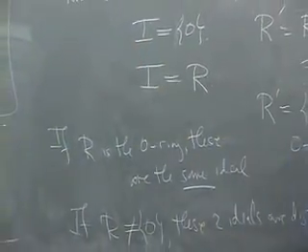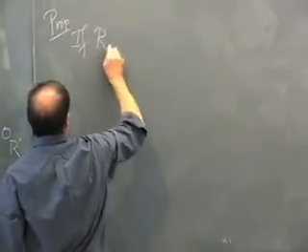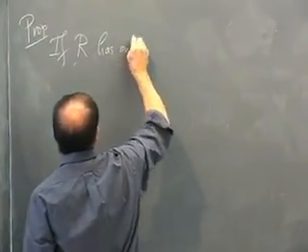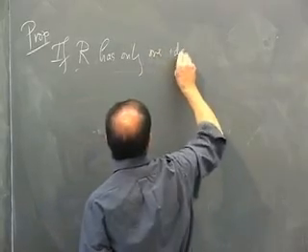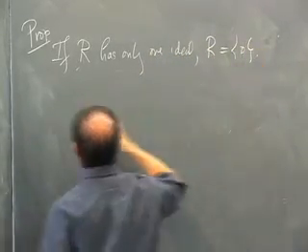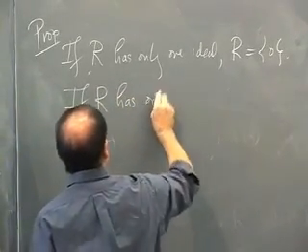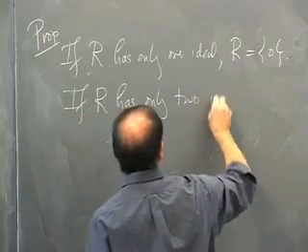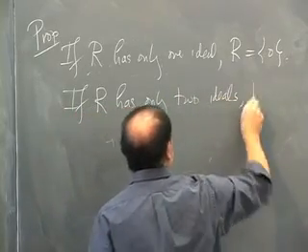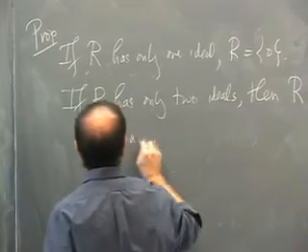So here's a little proposition. If R has only one ideal, R is the zero ring. We've already proved that. If R has only two ideals, then R is a field.